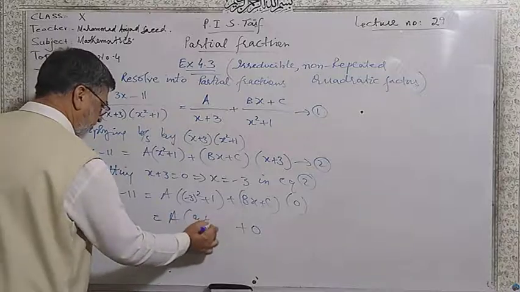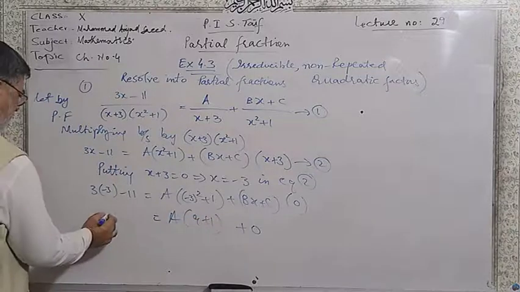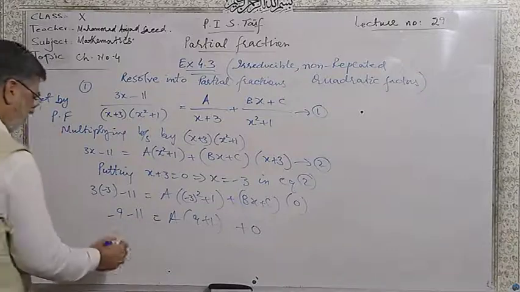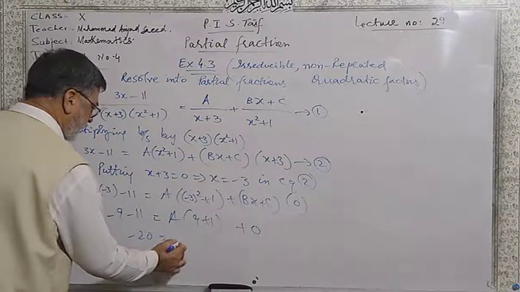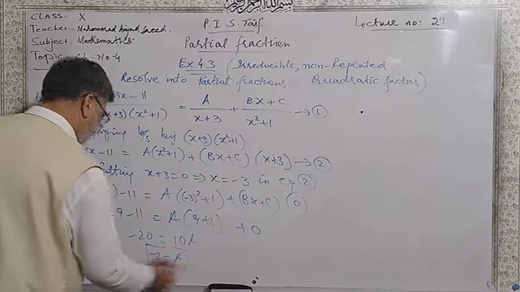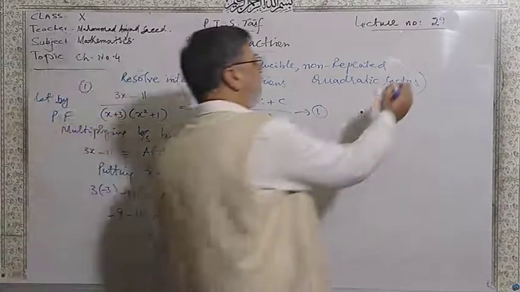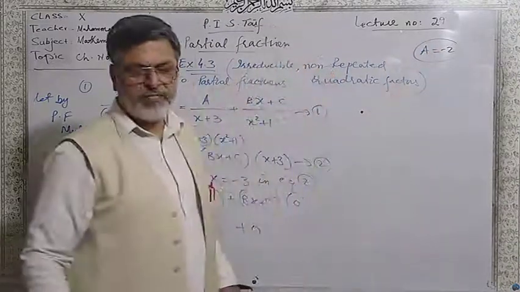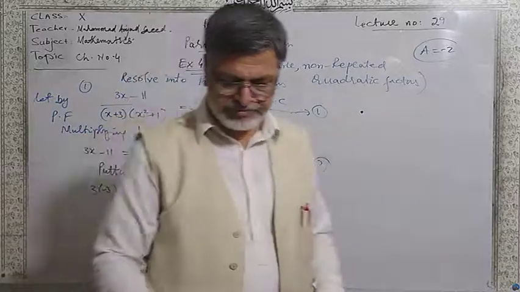So A into 9 plus 1, and this will be minus 9 minus 11. Here is minus 20 equal to 10A, and A is equal to minus 2. We have A equal to minus 2.